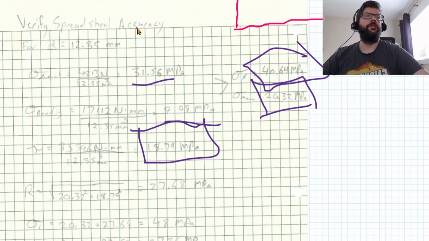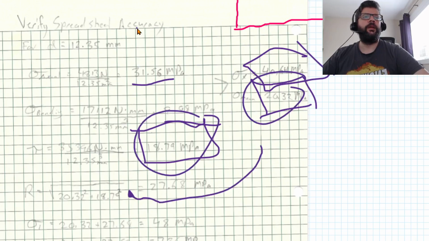Take these two numbers, plug them into our R equation here. That gives us an R of 27.68 megapascals, which gives us a sigma 1 of 48 and a sigma 2 of negative 7.36.